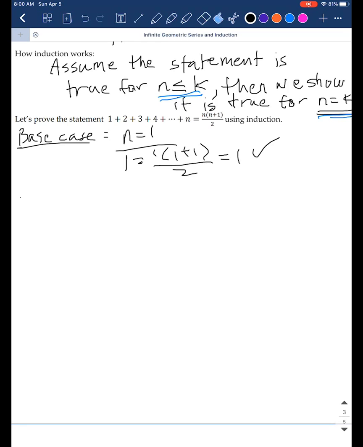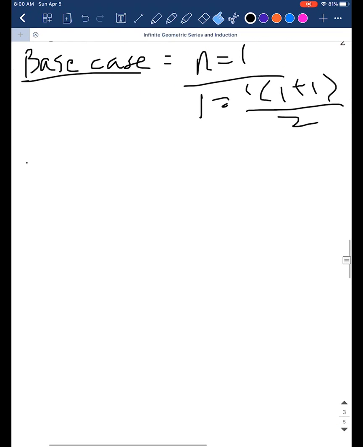And then once we have the base case, let's actually zoom a little bit here. We're going to make what we call the induction step. And this is the key for our proof.